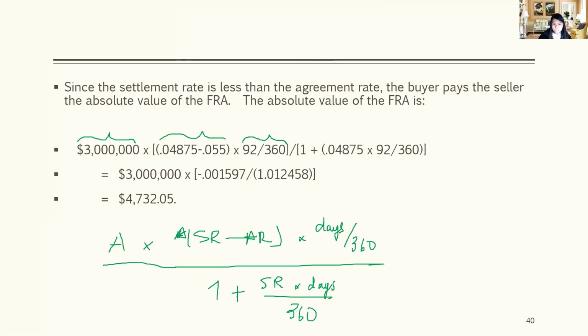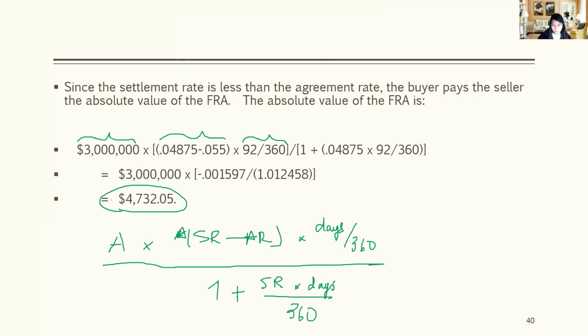If we put everything in, then we'll find that the payment is 4,000 something.